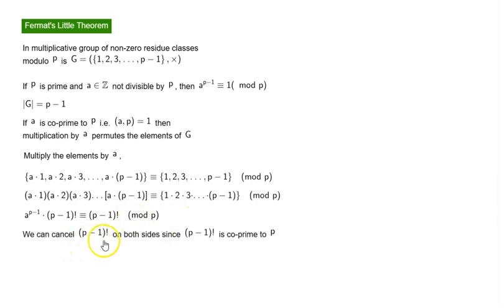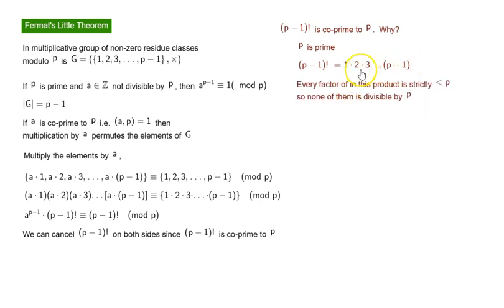We can cancel P minus 1 factorial on both sides since P minus 1 factorial is co-prime to P. Now, how can we say that P minus 1 factorial is co-prime to P? You know, P is prime. P minus 1 factorial is 1 times 2 times 3 times up to P minus 1.